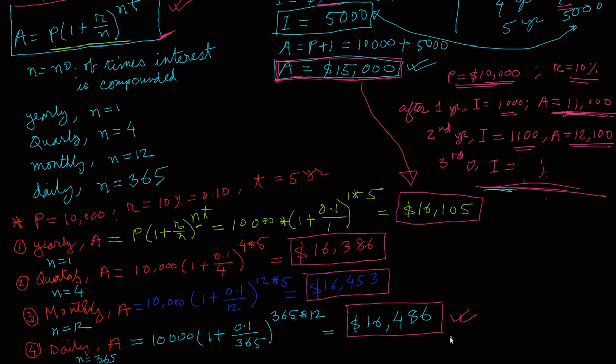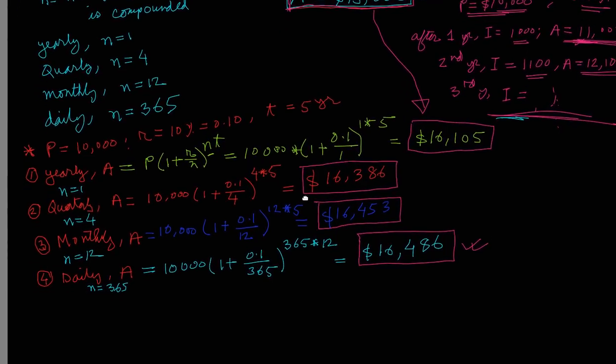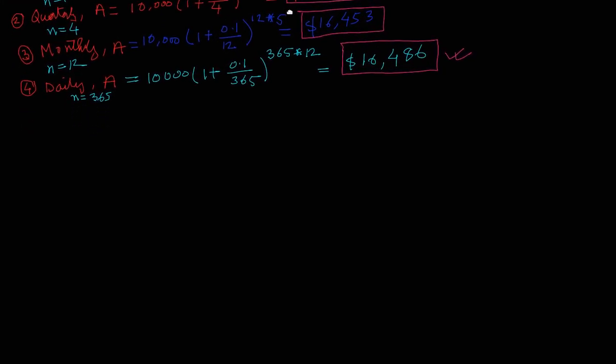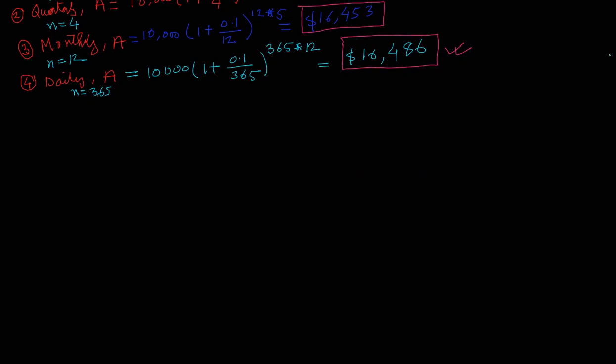Okay, so before I present continuous compound interest, first of all I'm going to introduce you to a term called E. So let us see the definition of E, which is basically the Euler number.